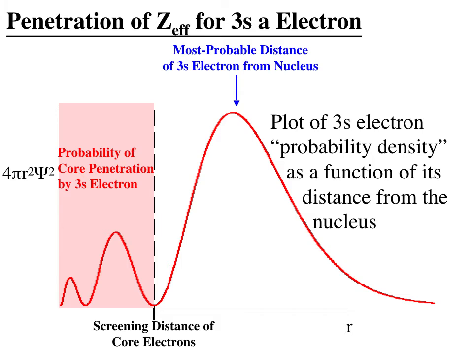When it's in the core, it will feel more pull from the nucleus, and therefore will experience a slightly lowered energy. So this penetration of the core shielding allows a 3s electron to have a little bit lower energy than would be expected due to the shielding of those core electrons.